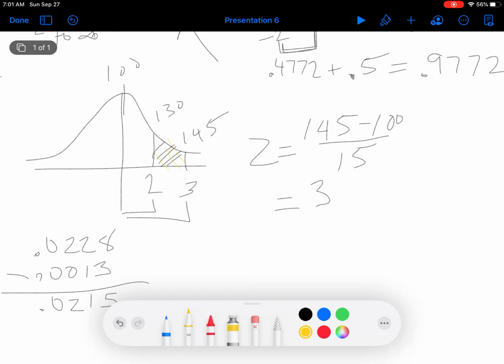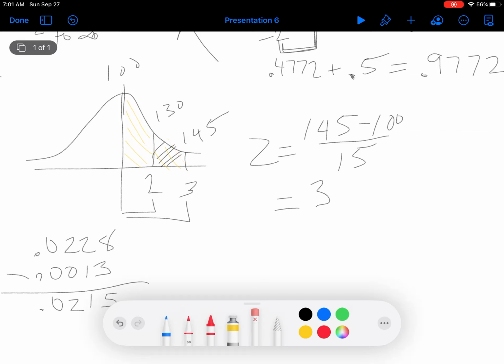In this case, we're still looking for that shaded area that I did in black lines, but we're also going to be getting some extra over here.